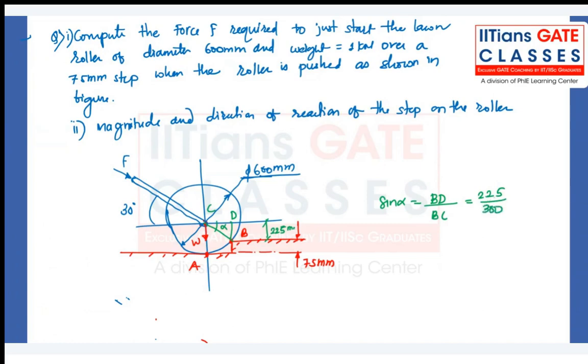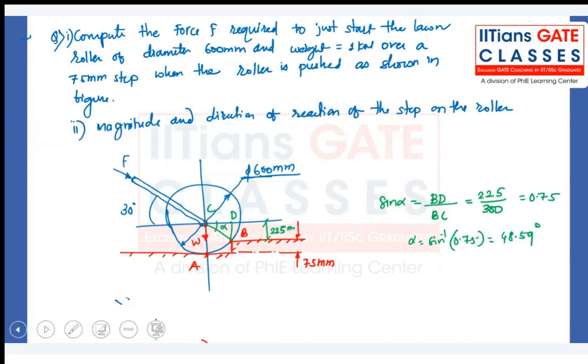No, Abhishek, 6 newton looks very less, it's not correct. So you will get 0.75. So alpha is sine inverse of 0.75, and that is 48.59 degrees. Okay, so this is the alpha angle.